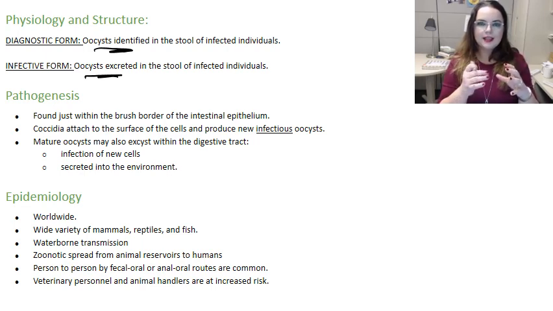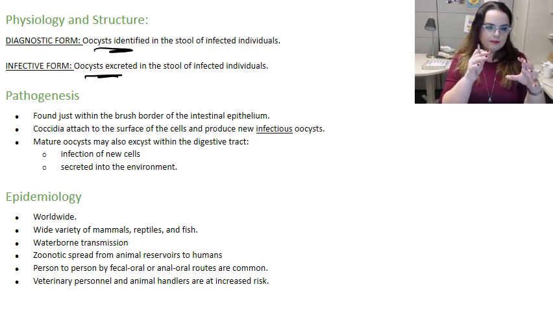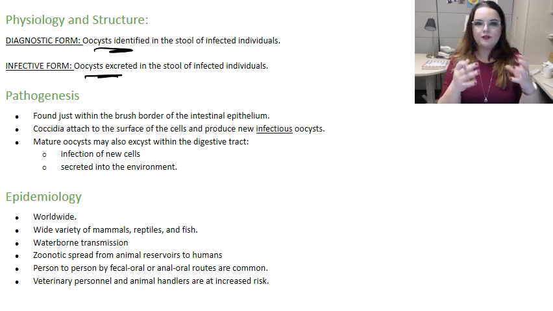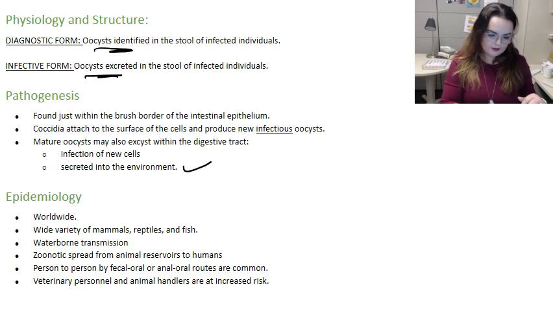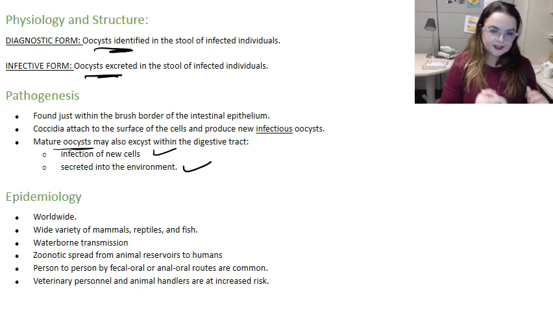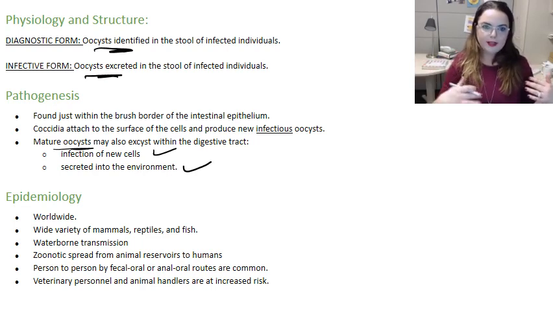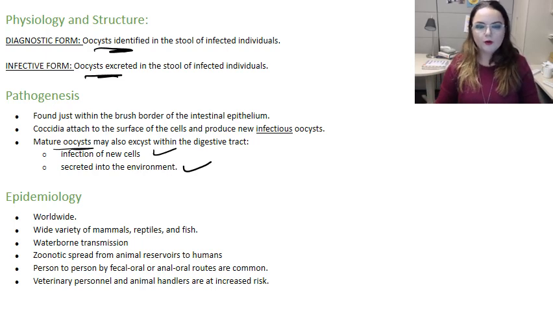In this case, it can actually cause basically a new infection of cells in that patient, or it can be secreted into the environment, okay? So once these oocysts mature, they have options. They can leave and go infect somebody else, or they can exist and infect the patient again in new cells.